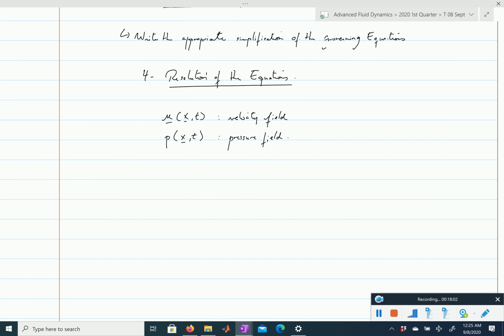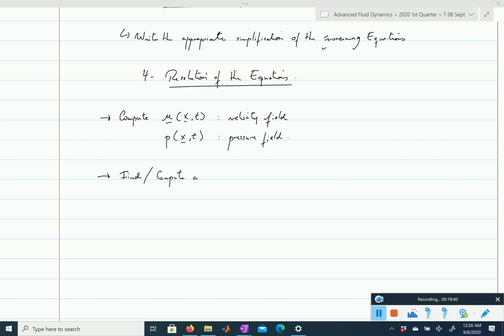Now sometimes I say velocity or pressure field, but sometimes what you're interested in is neither the velocity field nor the pressure field, but a quantity like the force or the drag or the lift, or the time scale of an instability. It could be finding the velocity field or the pressure field, but in some cases one would have to deduce from the velocity field and the pressure field a force or a lift.